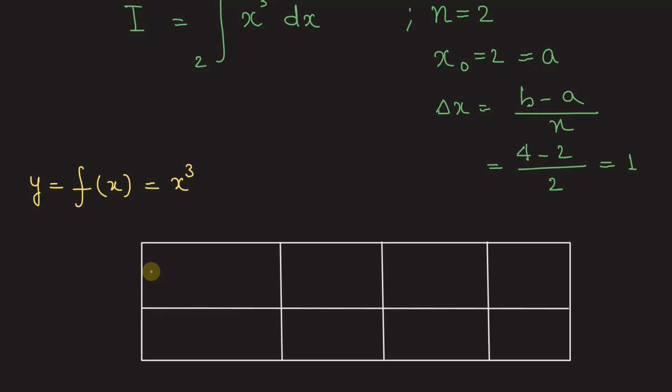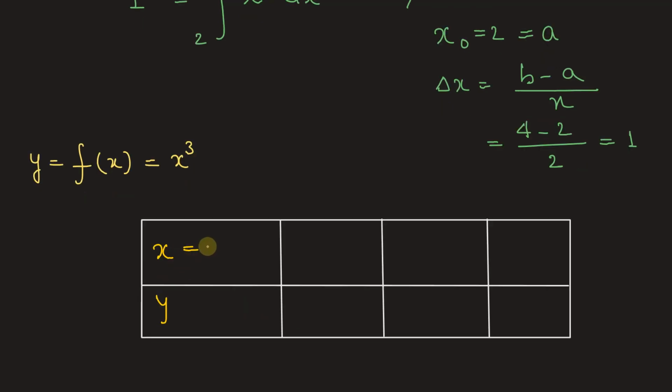Let's write the value of x in the first row and y in the second row. So x is given by x naught, or we can write a plus i into delta x. Here the value of i is equal to 0 because it will start from the beginning, then i is equal to 1, i is equal to 2, because we are taking 2 steps.